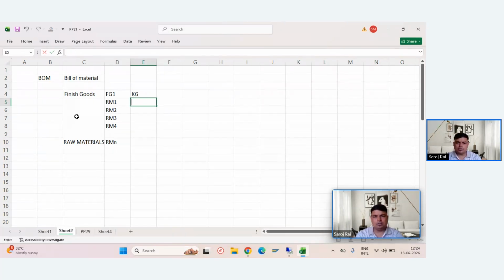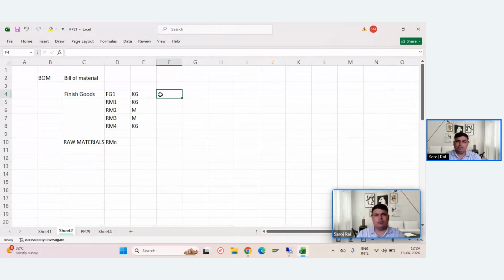Or you can consider this also kg only. Or what will be those units? On the basis of kg, meter, suppose it will be kg. So to produce my finished good, what proportions are required?